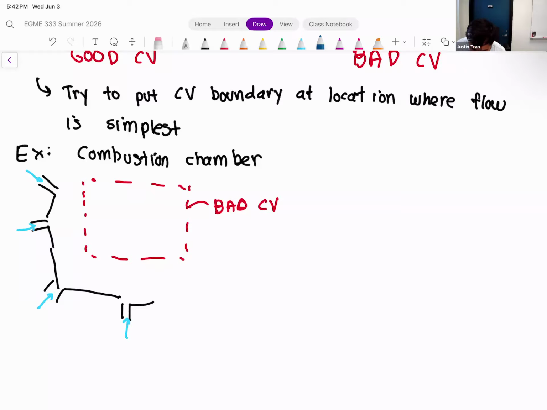A good CV will probably look something like this, where we take advantage of knowing where all the inlets are. Maybe we contour the control volume with those walls right there, so that we know exactly where the flow is coming in from, and we can better analyze the flow.